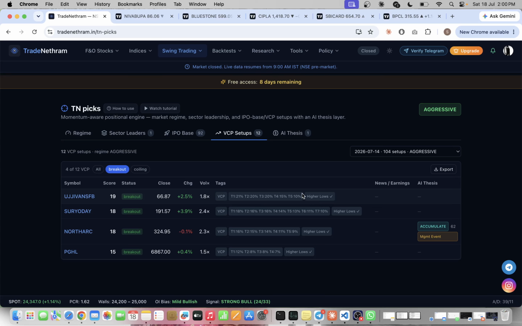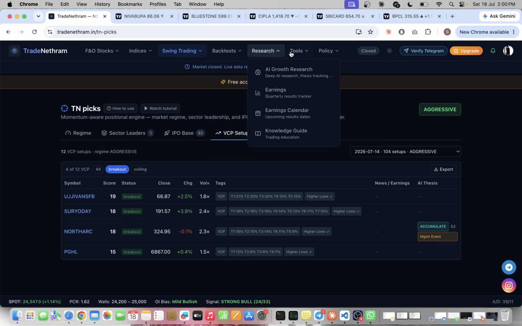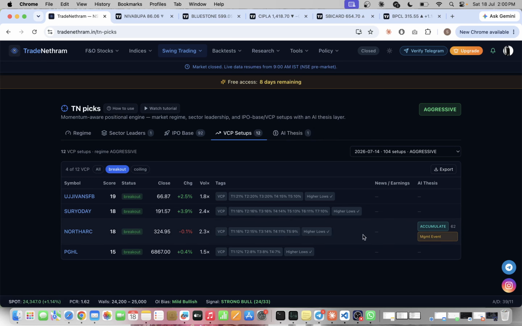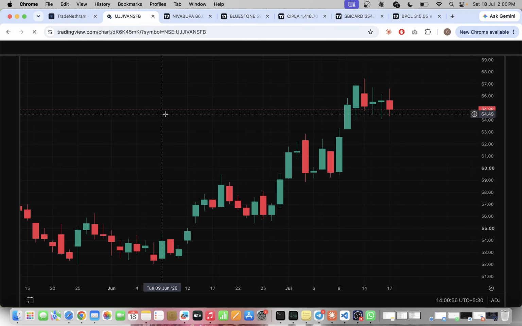It is all showing this information, and it is also showing if we have run the AI thesis here in the research section. If we ran the AI growth research, what does that say? That is also being displayed here. So there is a high probability of these stocks running.